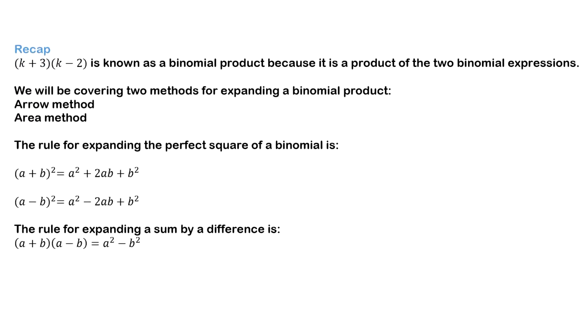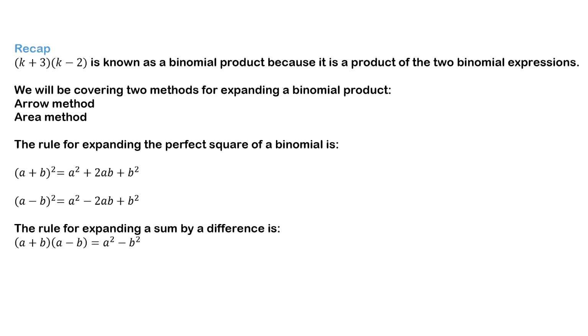So to recap this video, remember, if you have k plus 3, k minus 2, or something like that where you get two binomial expressions, this is known as a binomial product because it is a product of the two binomial expressions. We're multiplying them together. There's two methods for expanding, the arrow method or the area method, and as we covered them, it is up to you to decide which one you prefer.